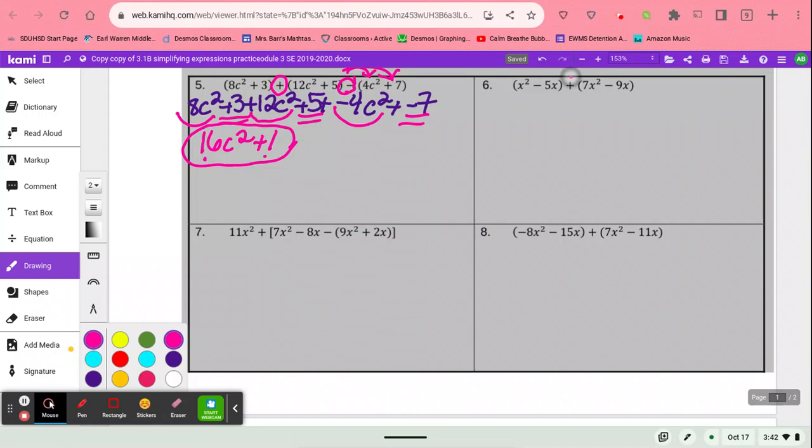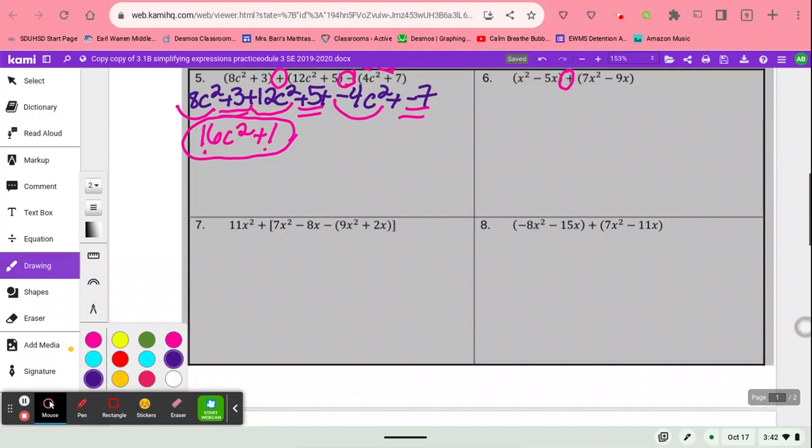So the next one, I notice in between is a plus sign, so I am just going to take the time to rewrite this. x squared plus negative 5x plus 7x squared plus negative 9x. And just go ahead and sort my like terms.